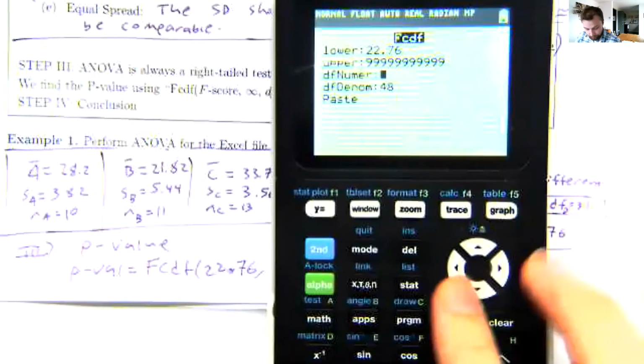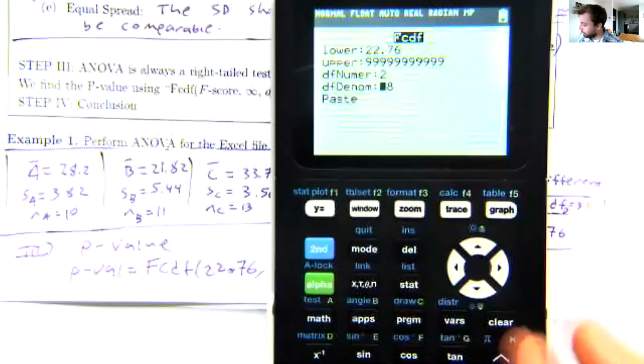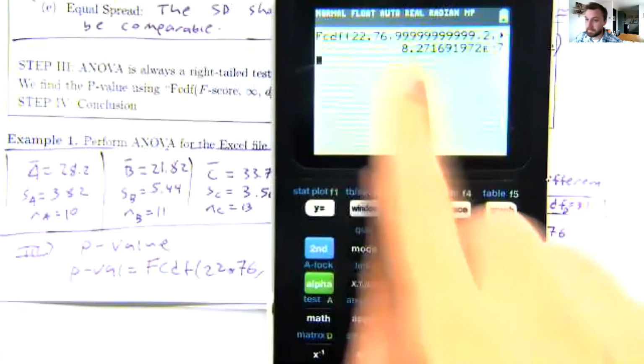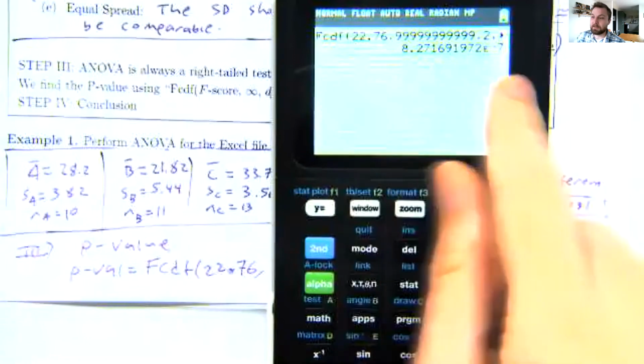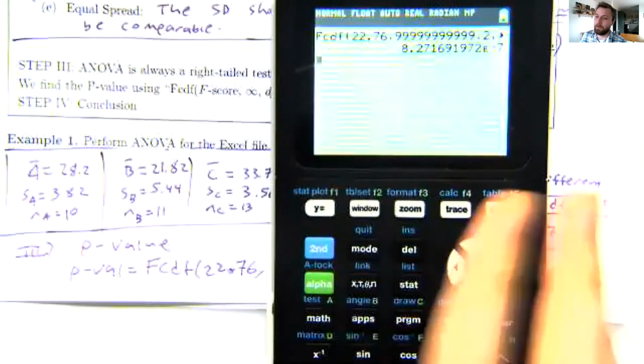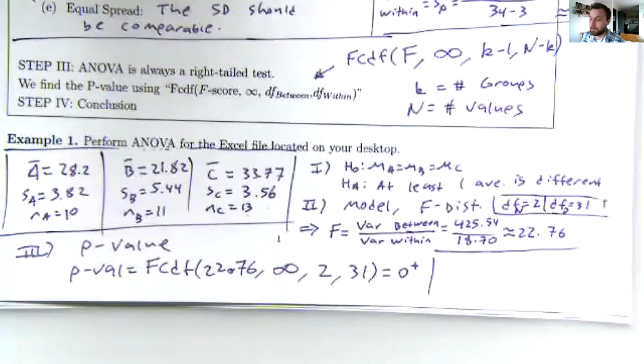My first degree of freedom is 2. My second degree of freedom was 31. So this tells me I had 8e minus 7. This is scientific notation, so this means I have 0 point, and then I have 6 zeros, and then an 8. This is a really, really small number. When it's that small, I use this 0 plus kind of notation.